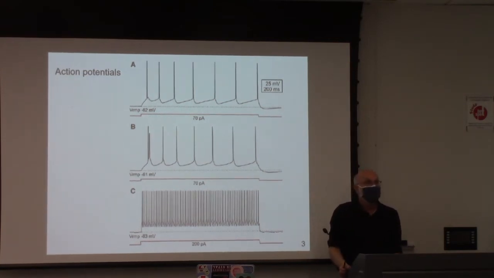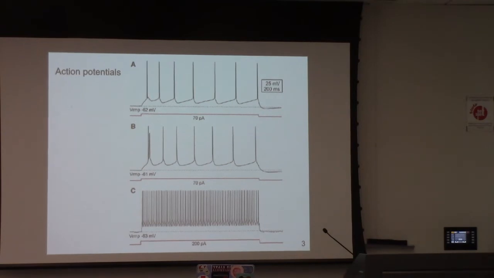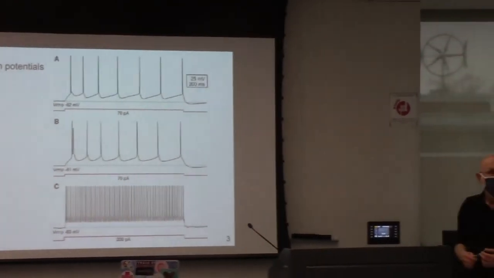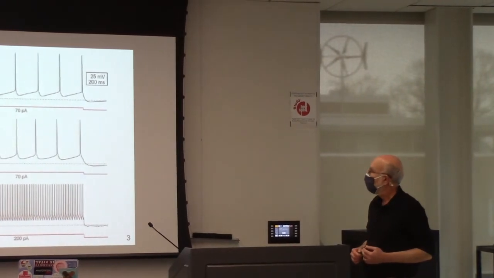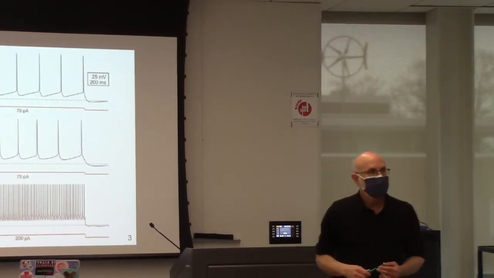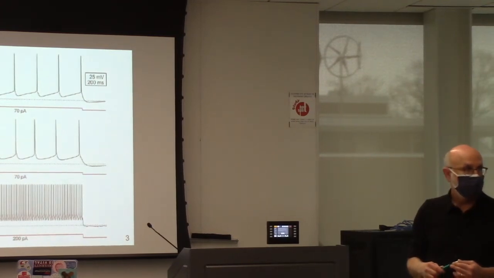Yeah. The time between the second action potential, the refractory period, is it shorter than the ones at the end because it went twice? I'm sorry, could you say that again? The gap between the spikes is shorter in the first one than it is in the last one.